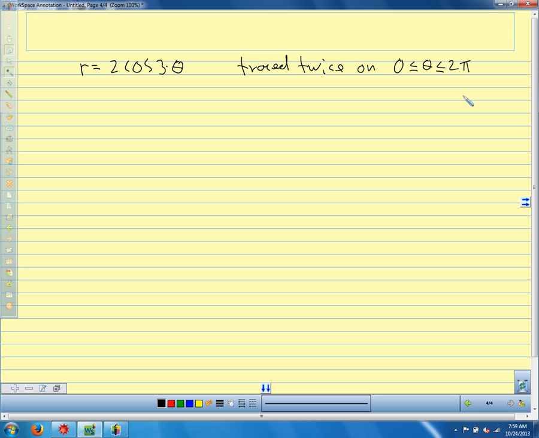If we were given a problem that involved r equals cosine 2 theta and we were looking at the graph, we would need to be aware of that, either by looking at the graph or by plugging in some values and saying, okay, our radius is 0 when theta is pi over 2. When is it 0 again? That gives an idea of how often it is traced on that interval. So we have to be careful with that.